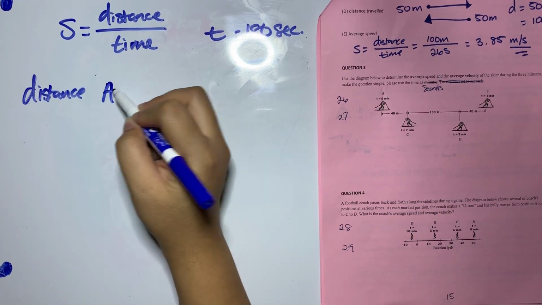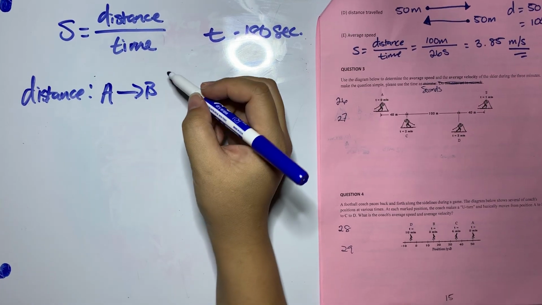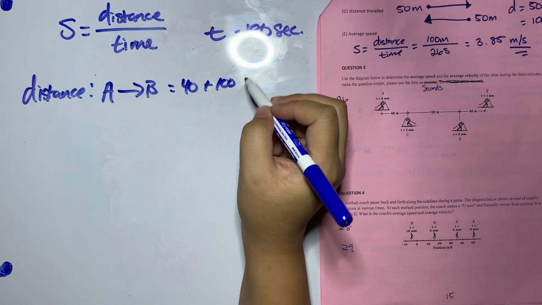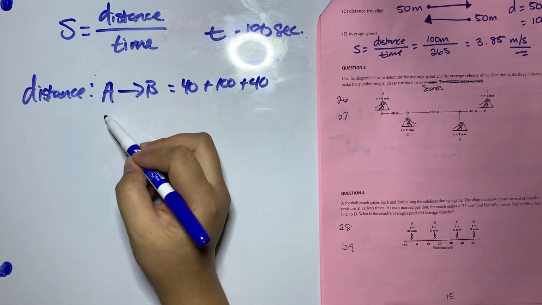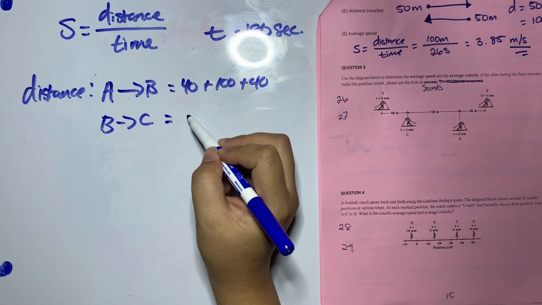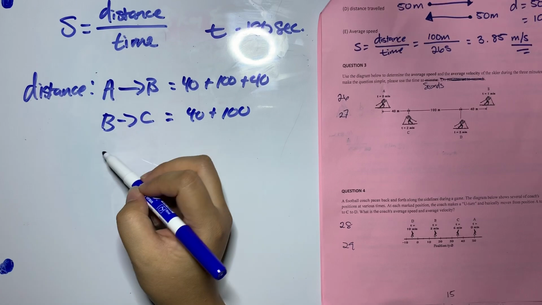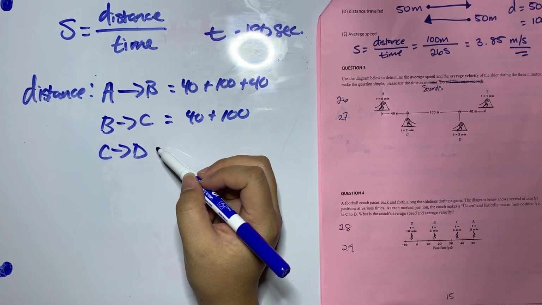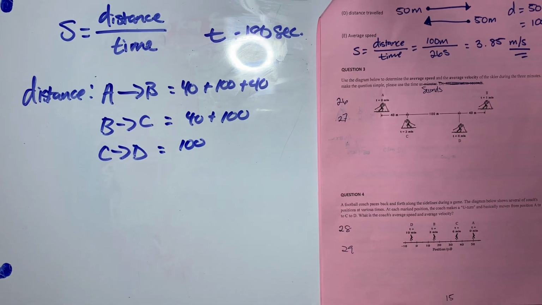A to B is equal to 40 plus 100 plus 40, right? B to C is equal to 40 plus 100. C to D, okay, C to D is equal to 100.